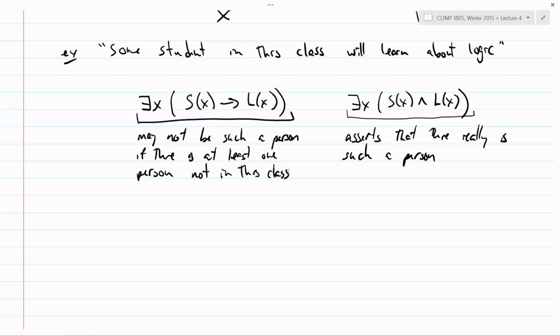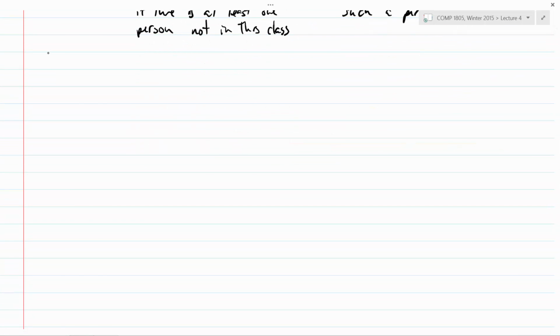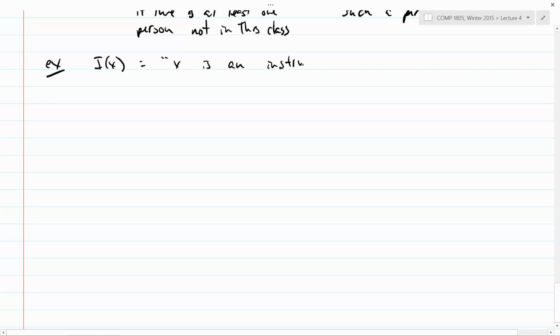All right, so let's do another example. So I'm going to define a few predicates here. Ix means X is an instructor, and Kx denotes X knows everything. All right, so let's work through a few of these.